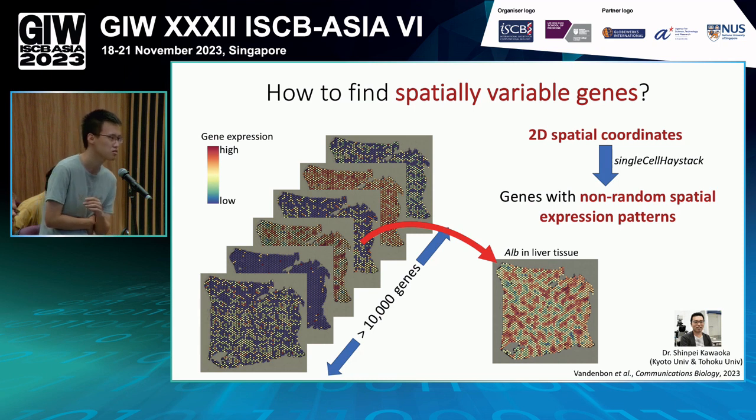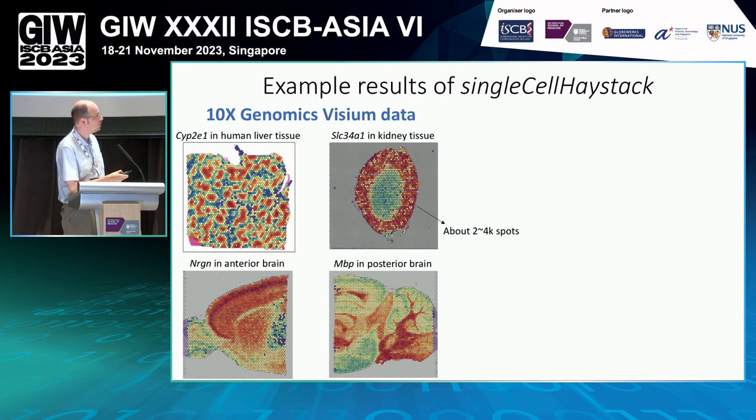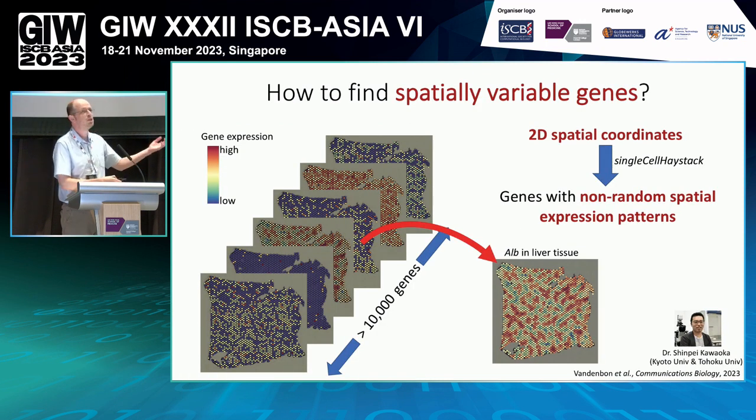I'm sorry, perhaps I didn't stress it enough. In the previous examples on single cell data, we used typically as input the principal components. Here, that's not necessary. Of course, you could do it. But what I imagine is you just take those 2D spatial coordinates, so an x-axis and a y-axis.